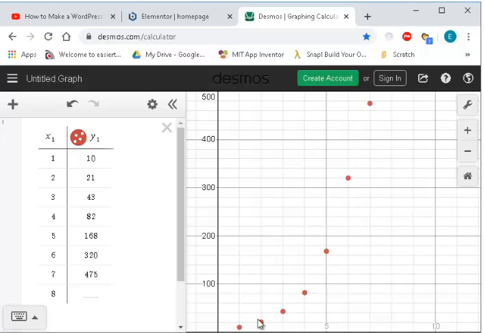By looking at this graph, you may say automatically that a linear one is not really a good fit to this set of data points. An exponential is a very good fit, and also a quadratic, because a quadratic goes like this. So the two possibilities are quadratic and exponential functions.